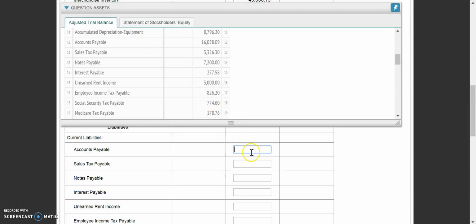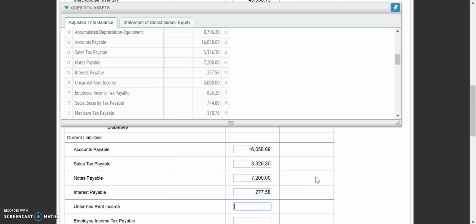So I just start listing those here. $16,058.09. Sales tax is $33.26. Oops, one too many. $33.26. Notes payable is $7,200. Interest payable is $277.58.